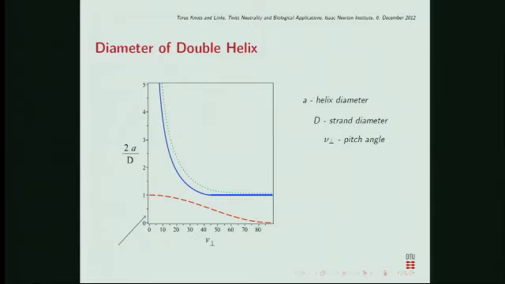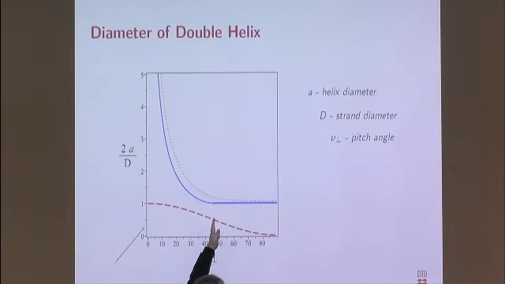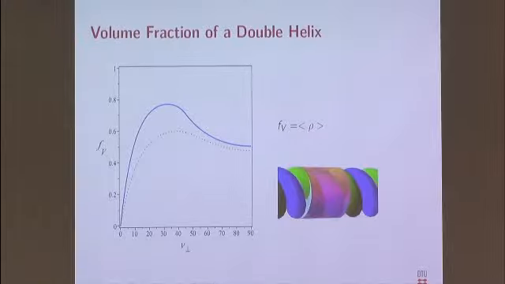The diameter, if I have a pitch angle down to 45 degrees, then the diameter is constant, and then it begins to increase because I get a large helix. That allows me to calculate a volume fraction. So I have to do that a little bit more slowly. I'm a little bit scared about the timing, we don't have a pointer.